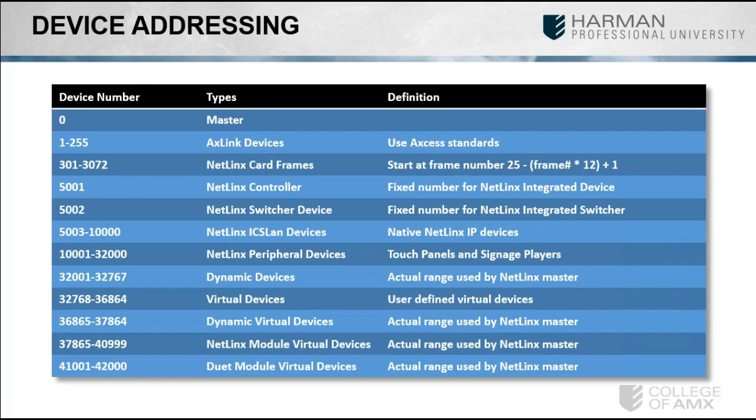Next is the range of 5003 through 10,000. This range is reserved for DXLink transmitters, receivers, and EXB expansion boxes. While it's possible to assign any of the above numbers as the device number for any of these devices, programmers are encouraged to follow the AMX standards as follows.